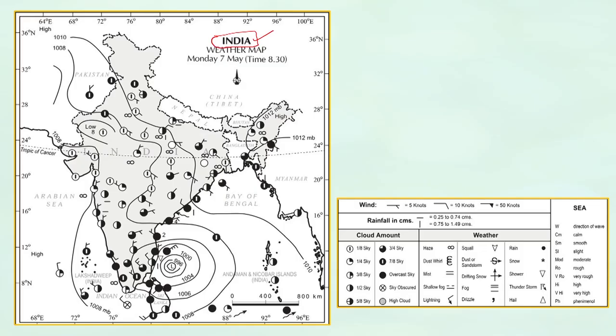Next, this weather map is of which day? 7th May. Okay. The year might be given, too. In that day, which time? 8:30.